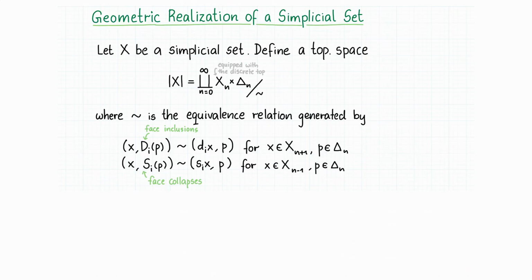Okay, so we can define the geometric realization as the left adjoint of the total singular complex. But this is also a much better way of defining geometric realization.